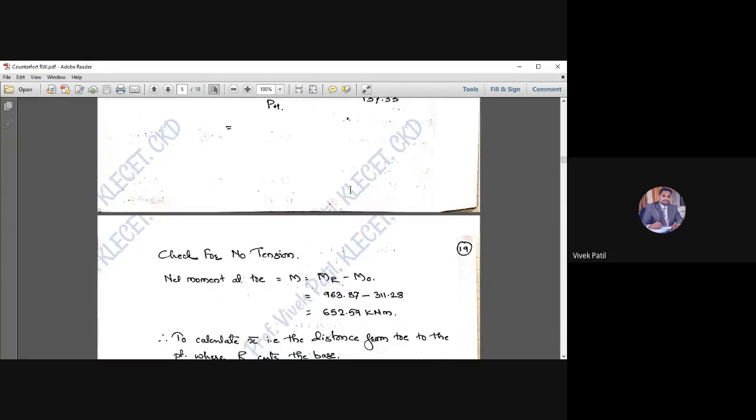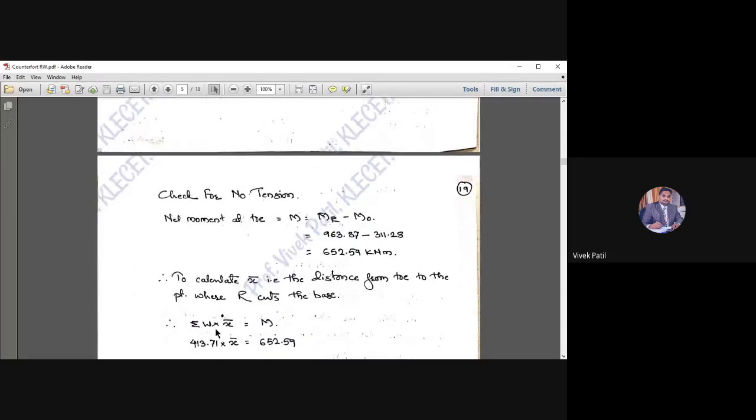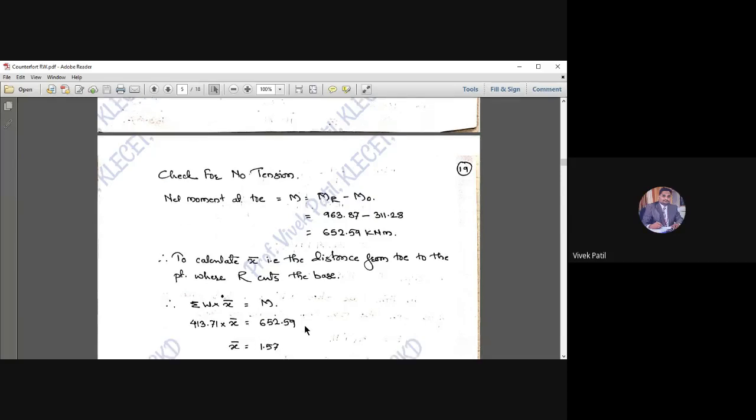And M, the net movement, we have calculated as 652.59. The only unknown value is x bar. Just calculate x bar. x bar equals 1.57 meters.